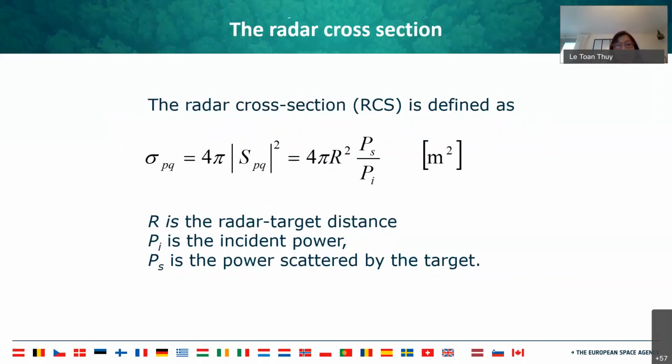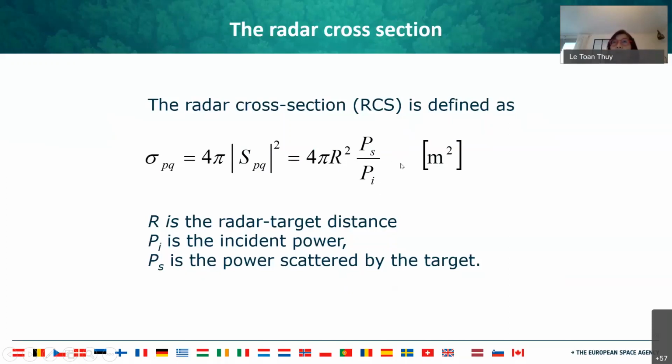The radar cross-section. Here, the formula is like in physics. Here, the radar cross-section for polarization PQ, S is the scattering matrix, and it is equal to PS, the power scattered by the target. Usually the radar people use the power.